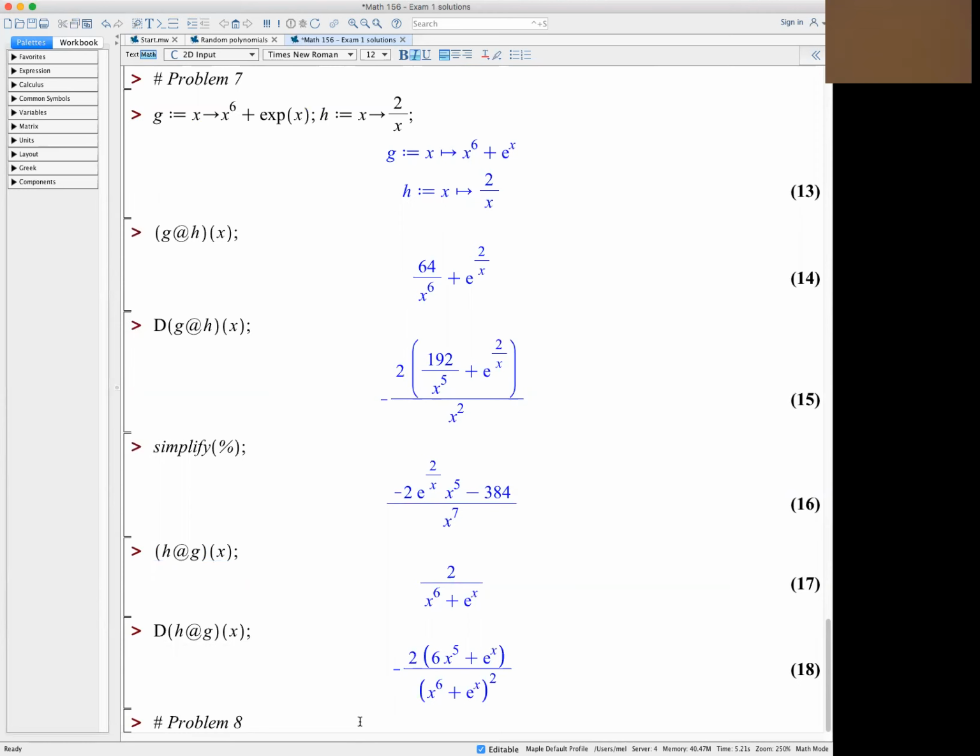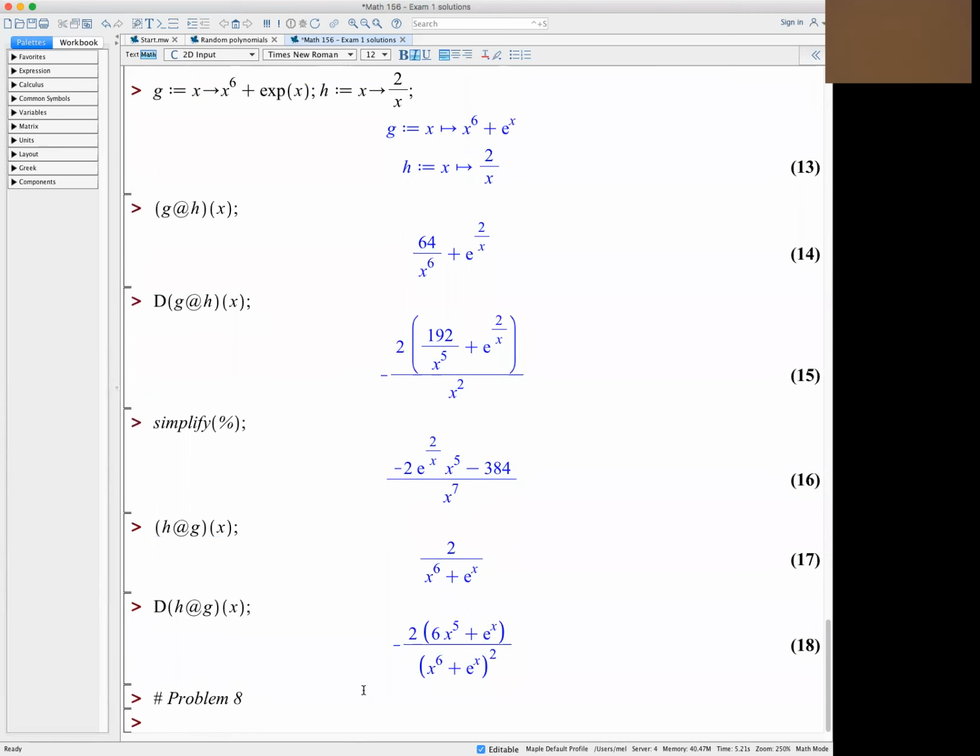Problem 8 is to calculate some integrals. So the first, we have a rational function where the numerator has degree 5, the denominator has degree 3. So let me just write the problem.